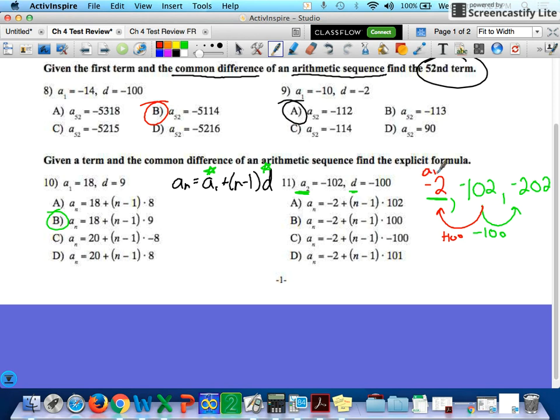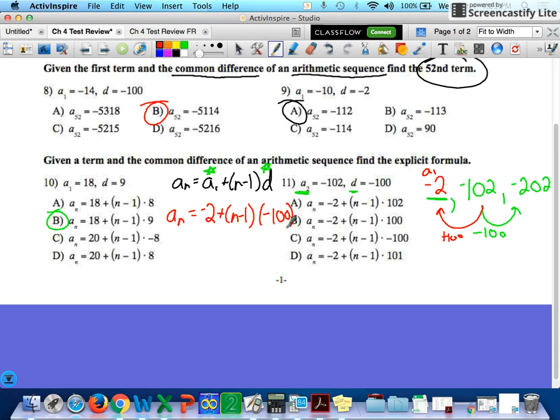Once I find that A sub 1 on all 4 of these problems, there's 2 of them here, 2 of them on the next page, I'm ready to just plug answers in. I've got A sub n equals A sub 1, in this case negative 2, I just found that, plus n minus 1, and then my common difference was times a negative 100.